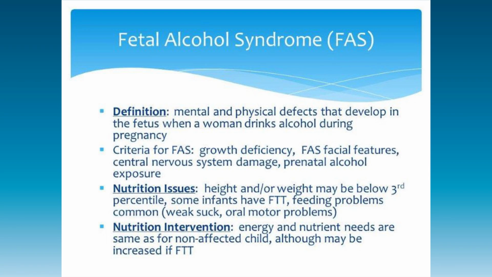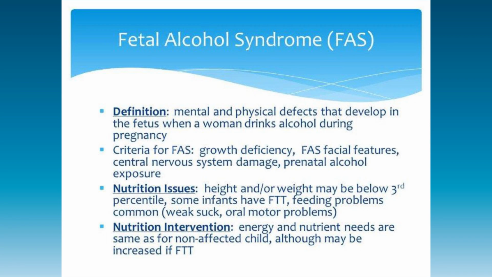They have certain facial features like thinner upper lip, smaller eyes associated with fetal alcohol syndrome. They're going to have some central nervous system damage, and then that prenatal alcohol exposure. So those are the criteria for diagnosing fetal alcohol syndrome. So their height and weight might be below that third percentile in the growth charts. They may have failure to thrive.